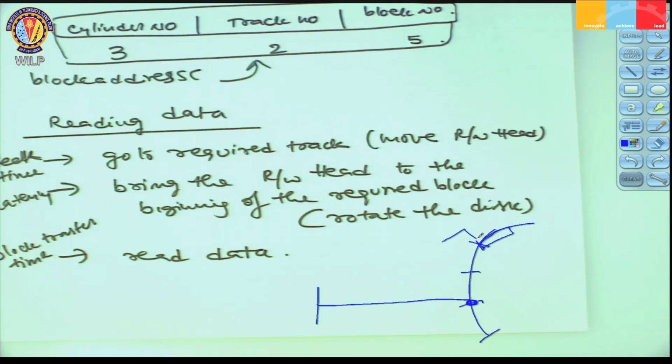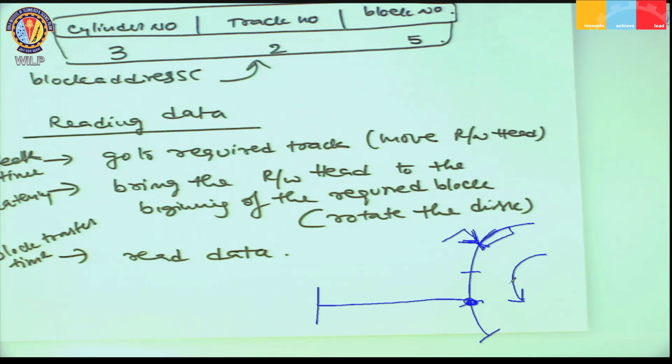I need to make sure that the read write head is at the beginning of the required block. So after reaching the required track, I need to rotate the disk such that the read write head is exactly located at the beginning of the block which you require. This is called rotation delay, or simply latency.